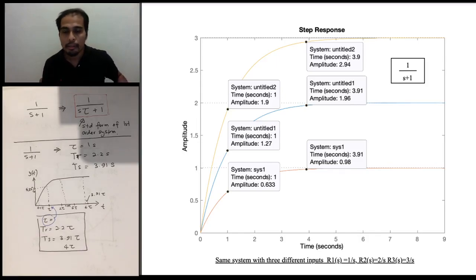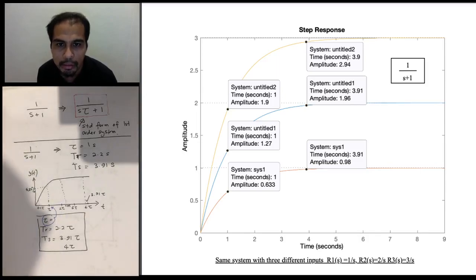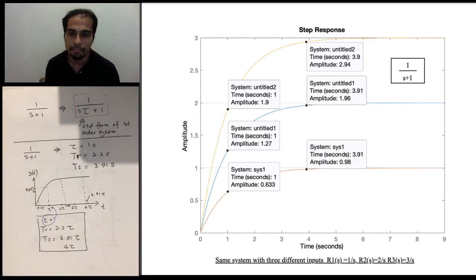From the slide there are three responses, the inputs being 1 over s, 2 over s, and 3 over s, but the time parameters are the same. So the input doesn't change the parameters of the first order system, it only changes the steady state.